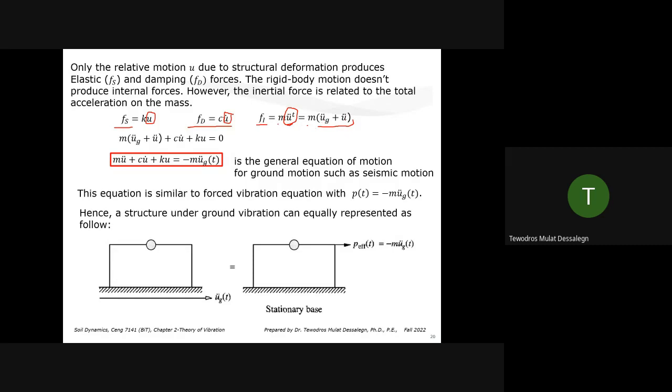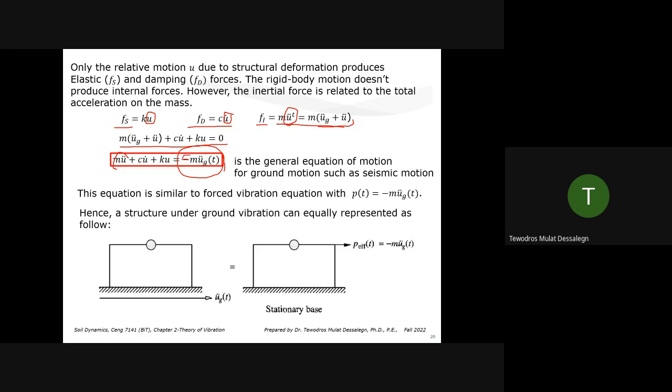So that's the difference. Now, if you put everything together, for a ground motion you'll arrive at the same equation, except now you have inertial force, damping force, stiffness force equal to the forcing, which is the ground acceleration term.